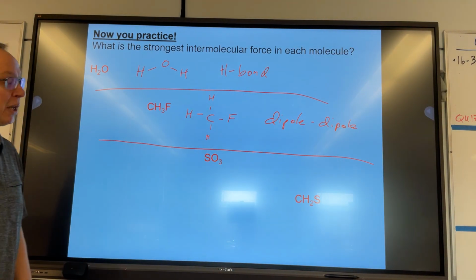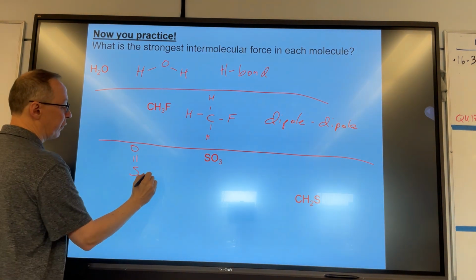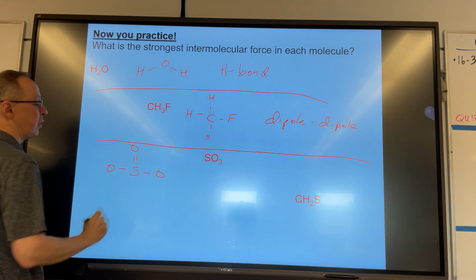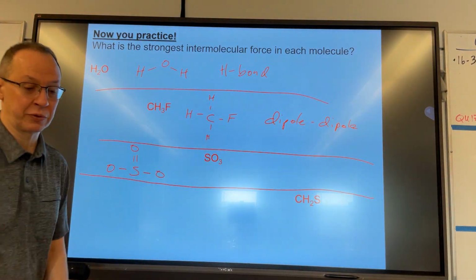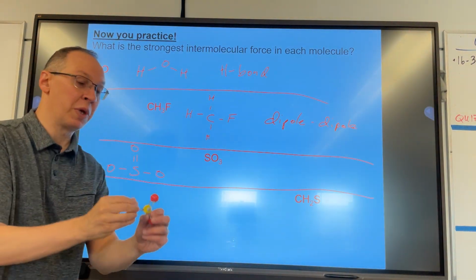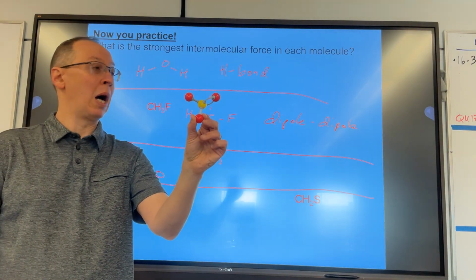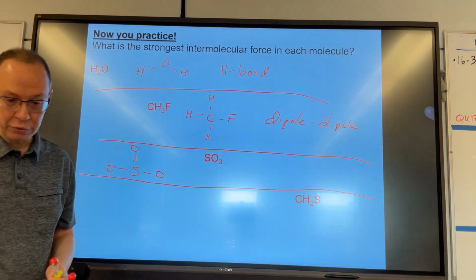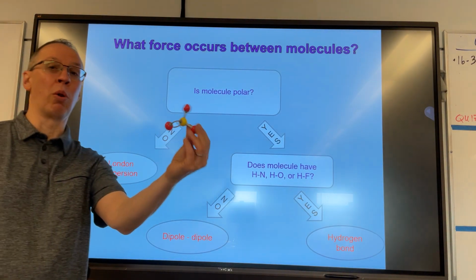Okay, next one is sulfur trioxide. When you do this one, if you finish out the dots, you end up with a double bond in there. This is a resonance structure. So we end up building a model that looks like this. Let's go through our flow chart again. Is the molecule polar?